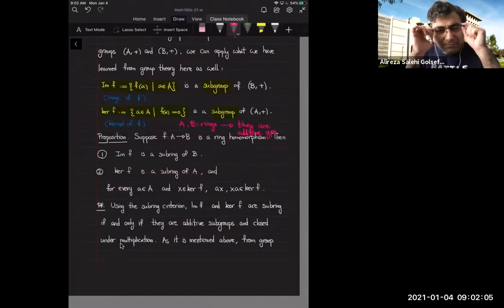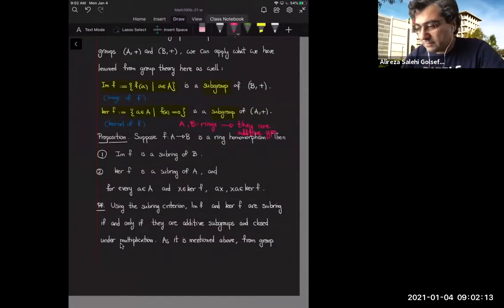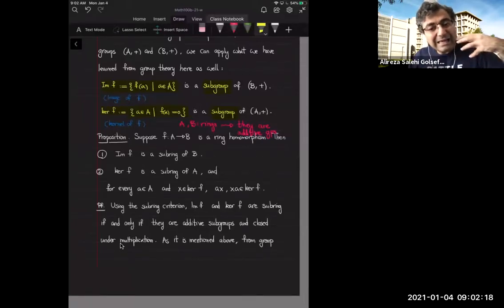When we say something is a subring, it implies that it is closed under multiplication. But for the kernel of a ring homomorphism, we have more. If I take one element inside the kernel, then any element inside the ring, multiplied by this element of the kernel, will still be inside the kernel. This is much stronger than saying the kernel of f is closed under multiplication.